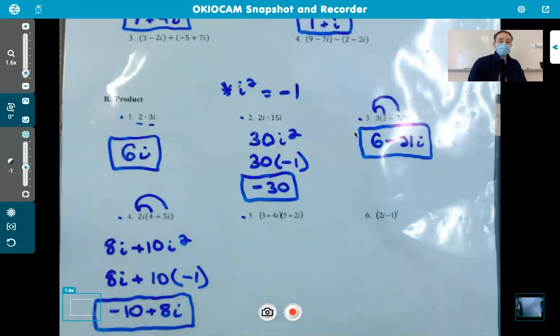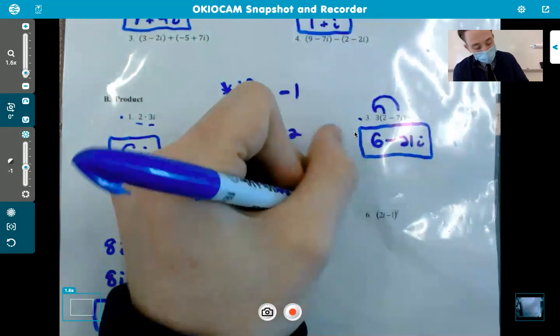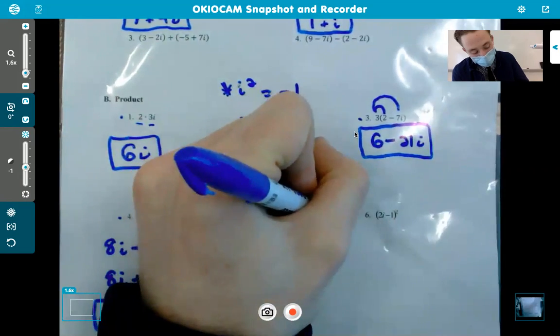Number 5. This is a little bit more of a unique example because now I have a complex number times a complex number, okay? But what we do to simplify this is something that we've seen a lot in algebra and a lot of our other classes. We use that FOIL method.